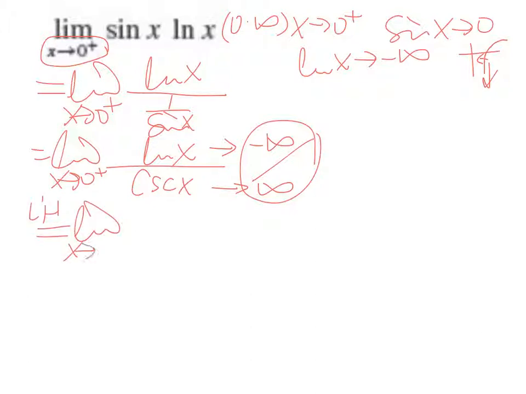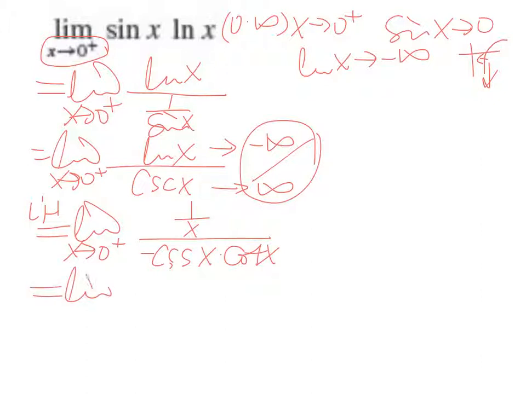And L'Hopital's rule stated we take the derivative for the top function and the derivative of the bottom function. And at this point, I think I would rather just simplify before looking into it. And this is going to be negative 1 over x times cosecant of x times cotangent of x.